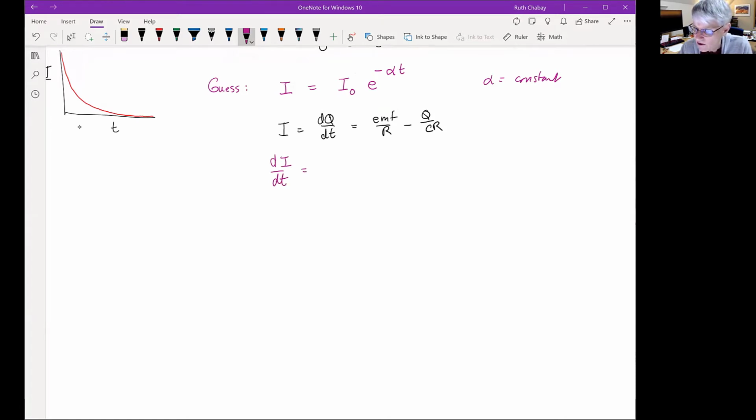That would be equal to the derivative of EMF over R minus Q over C times R. Well, EMF over R is a constant, so that goes away.